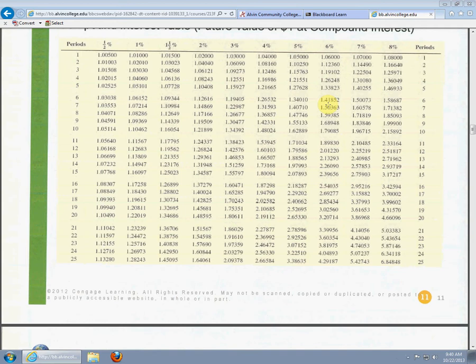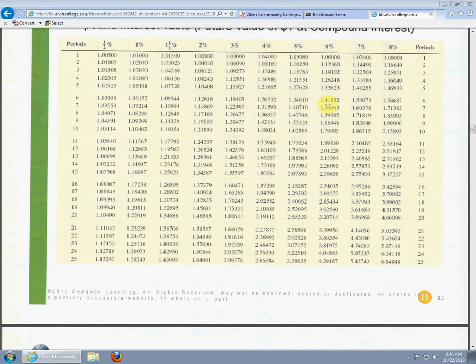And you'll multiply that times the principal, which was $10,000. So the compound amount that we're going to receive is $14,185.20. And remember, to find how much interest we've made, we take the principal and subtract it from that compound amount. So $14,185.20 minus the $10,000, we've made interest of $4,185.20.